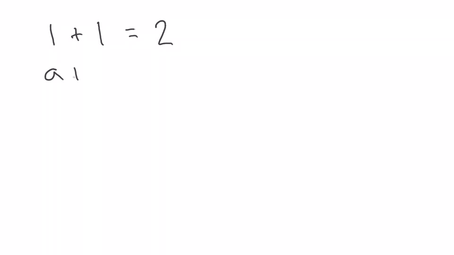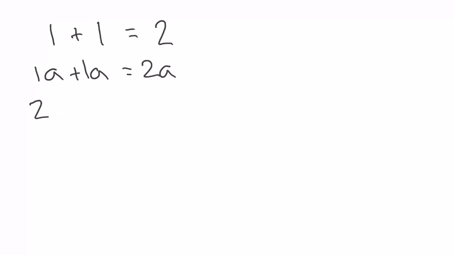If you have a plus a, now remember there are these 1s in front of the variables as their coefficients, and you get 2a. That is an example of combining like terms because the a and the a are similar. So when you have 1a plus another a, you get 2a.